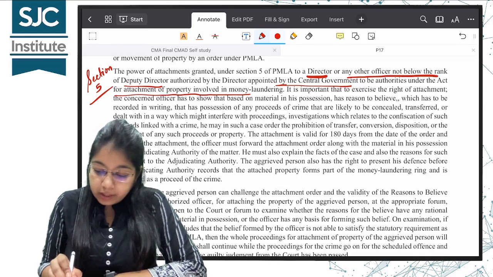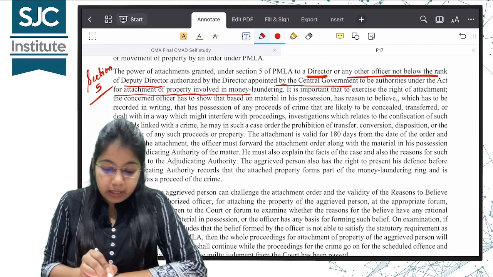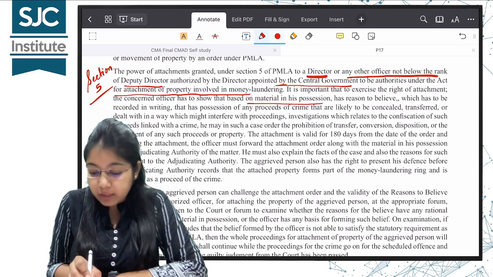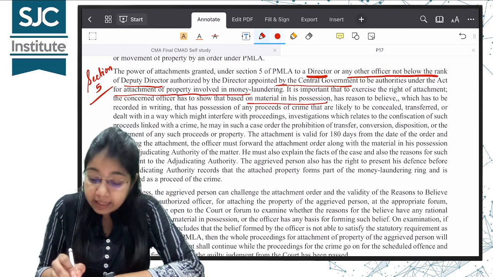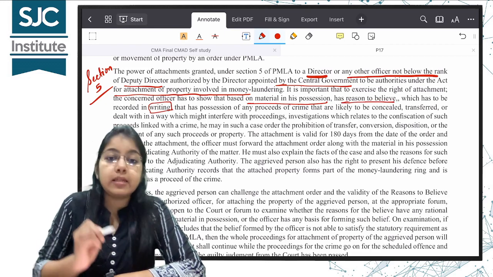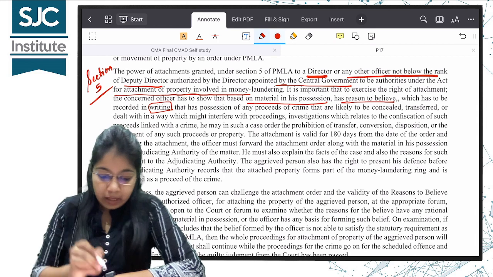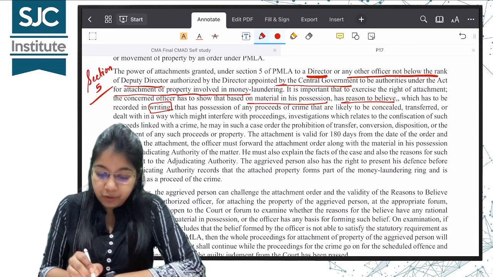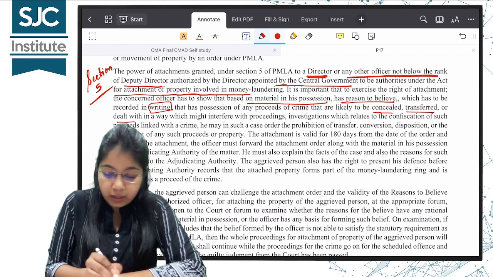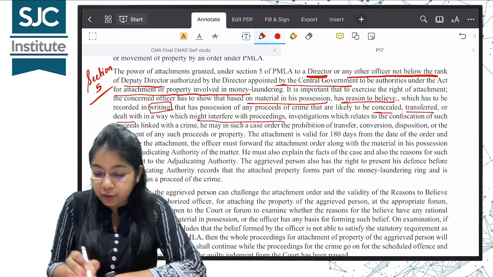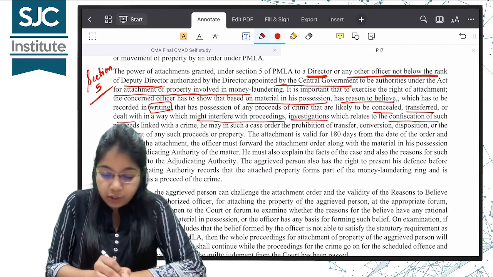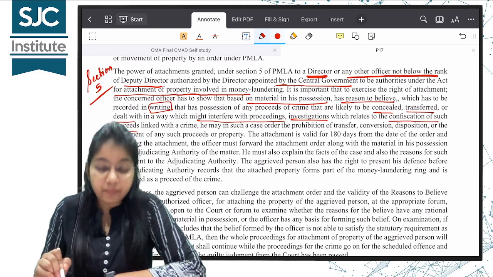It is important that to exercise the right of attachment, the concerned officer has to show that based on material in his possession, he has reason to believe, which has to be recorded in writing, that the possession of any proceeds of crime are likely to be concealed, transferred, or dealt with in a way that might interfere with proceedings, investigation, which relate to the confiscation of such proceeds linked with a crime.